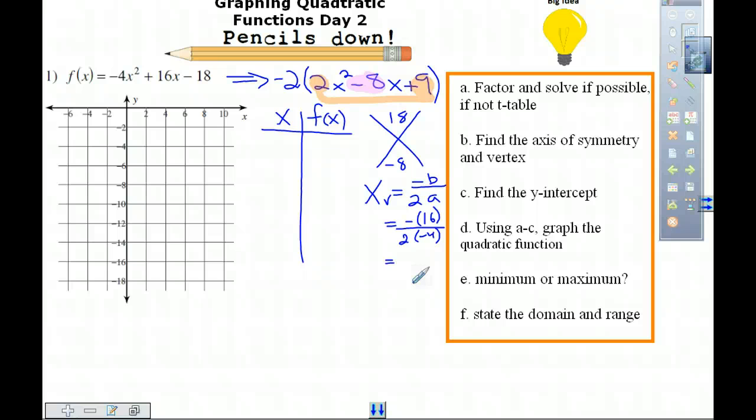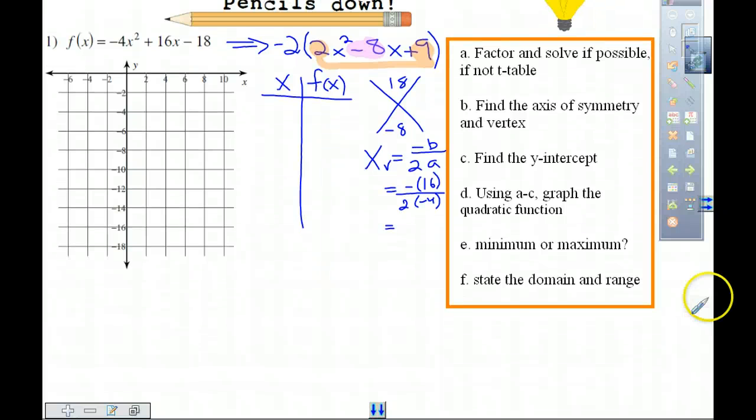Why is it F of X? Why isn't it Y? Same as Y. They're used interchangeably now. And it comes out to 2. Alright. Now find what?